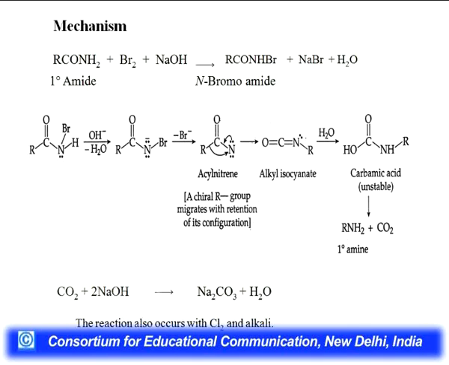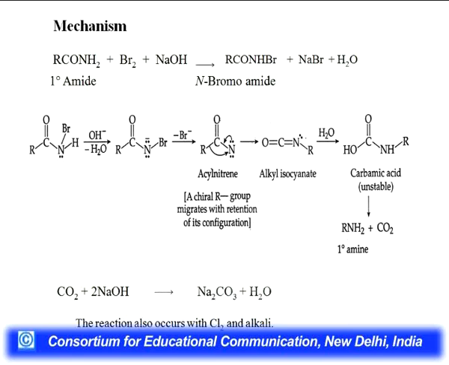You can see, first of all, there is an abstraction of proton by the base, then there is an elimination of bromide ion, then this R group will migrate to the electron deficient nitrogen. A chiral R group migrates with retention of its configuration.